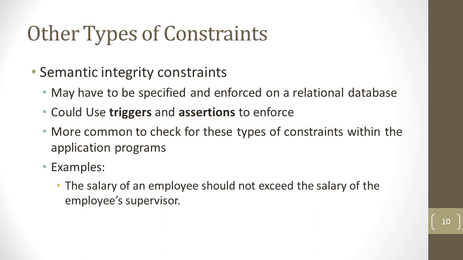Now, you could also do that in your application program by first checking what your supervisor's salary is and then either making another call to adjust it or to prevent entering a value that's higher than the supervisor's. I think this is an example where a trigger would be kind of weird, that you're increasing the salary of somebody else sort of automatically.